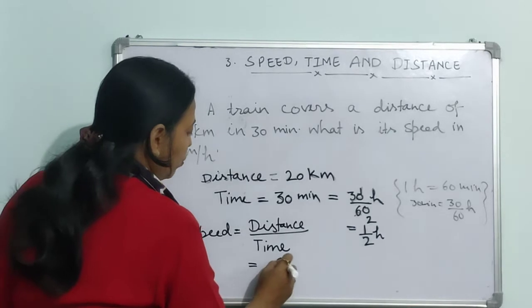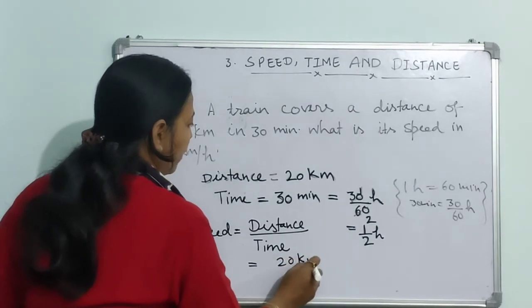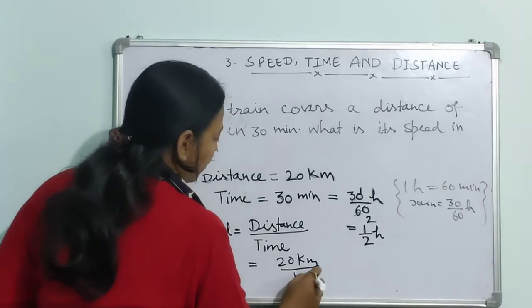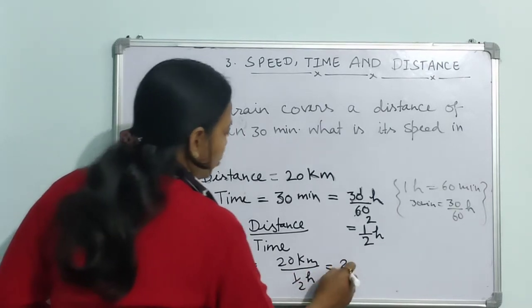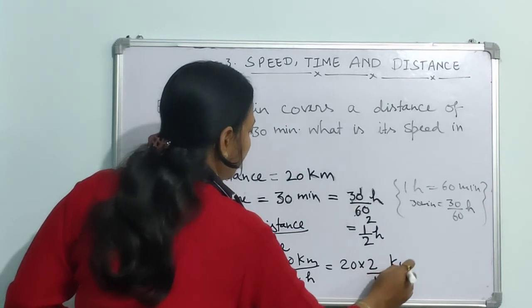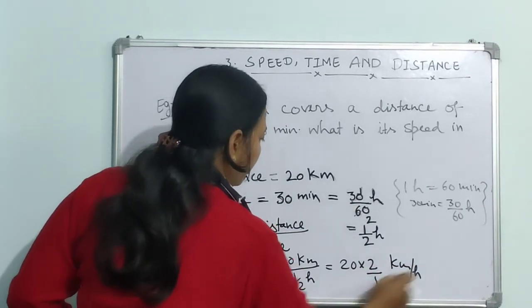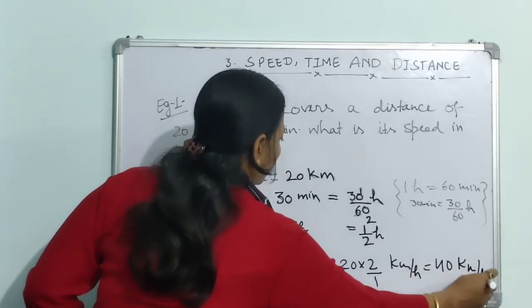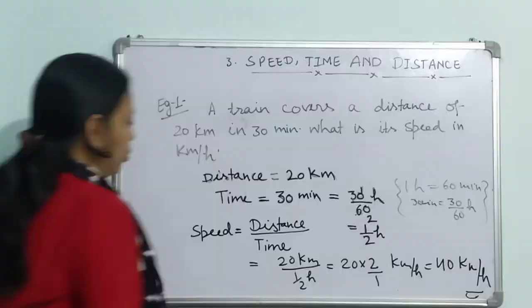Distance is equal to 20 kilometer and time is half hour. So now you can write it 20 into 2 by 1 kilometer per hour. So it will come 40 kilometer per hour. So this is your answer.